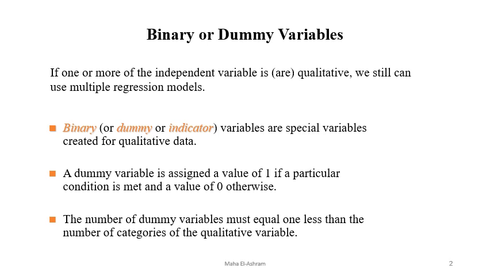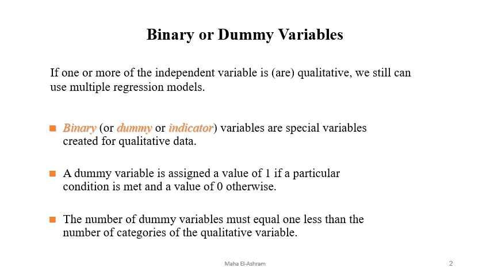In practice, we saw sometimes that the dependent variable may depend on one or more independent variables that are qualitative. In this case, we still have a trick or a way to deal with this situation in order to represent the relation between the dependent variable on one side and all the independent variables on the other side using multiple regression.